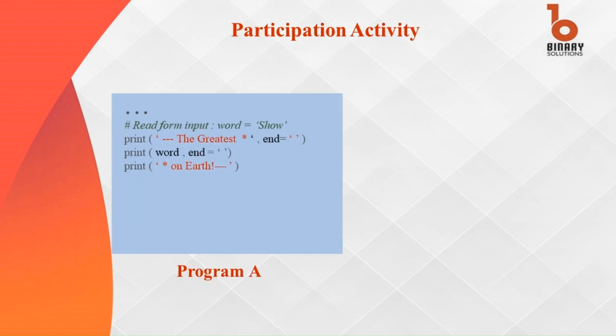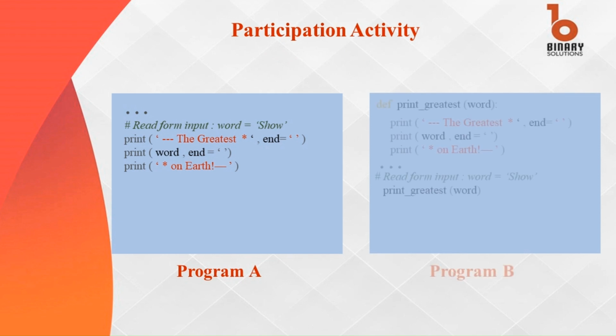In one example, program A writes the same formatted output twice directly in the main program, while program B uses a single function, print greatest, and simply calls it twice. This eliminates the need to duplicate the output code.